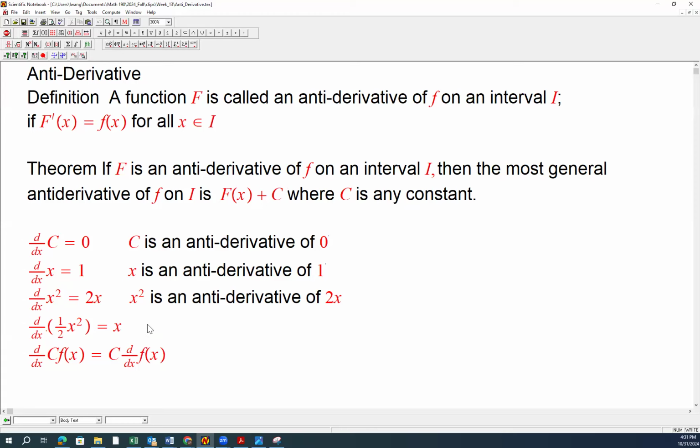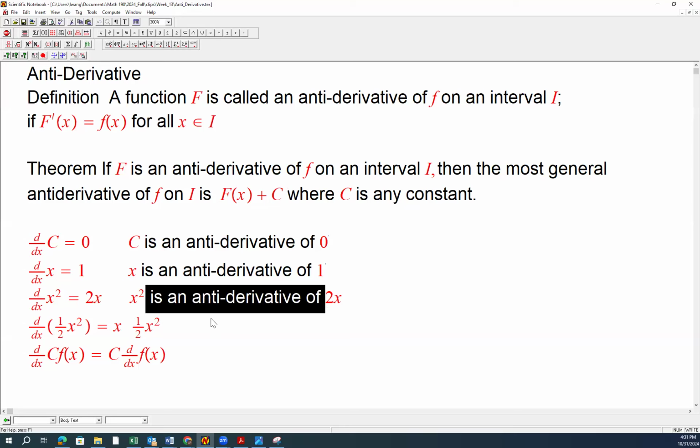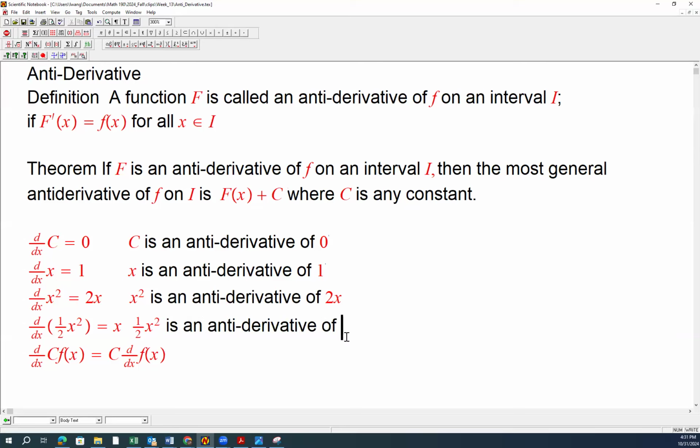So after this manipulation, what can we say? We can say half of x squared is an antiderivative of x.